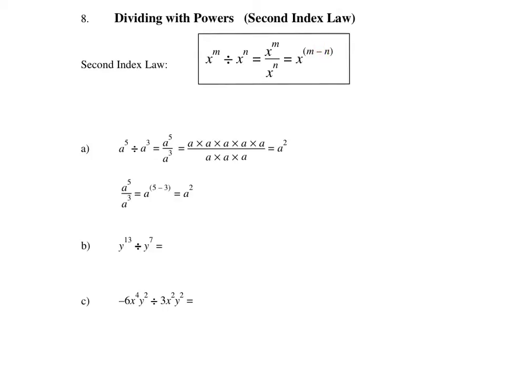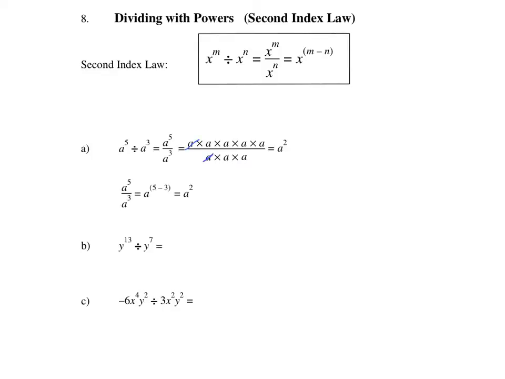An example is a to the power 5 divided by a to the power 3. So it can be written as a to the power 5 over a to the power 3. Write your a down 5 times, divide by a to the power 3, so a written 3 times.